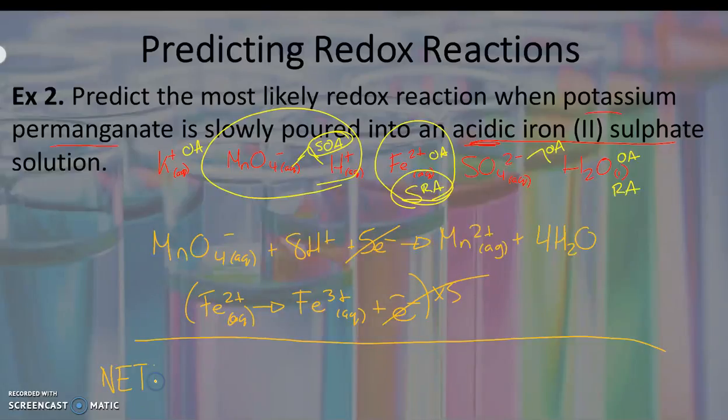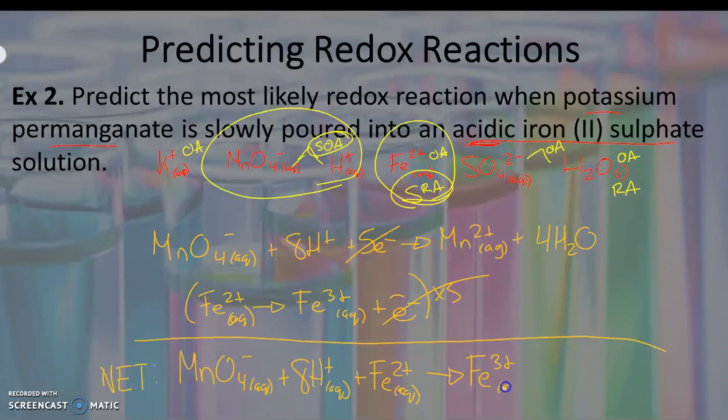So the total net would be my permanganate ion reacting with the 8 hydrogen ions from that acidic environment, as well as reacting with iron 2+ aqueous, to produce what's left, which is the iron 3+ aqueous ion, the manganese ion, and we also have the inclusion of water here. And that would be my net reaction.